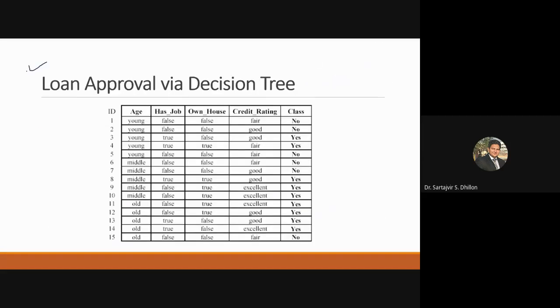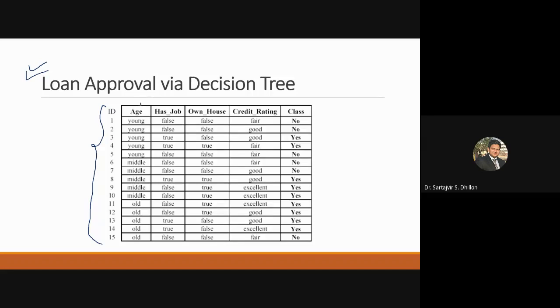And we have another example. There is loan approval via decision tree, and this is maybe a beneficial, main application of a decision tree; we can use it in loan approval.